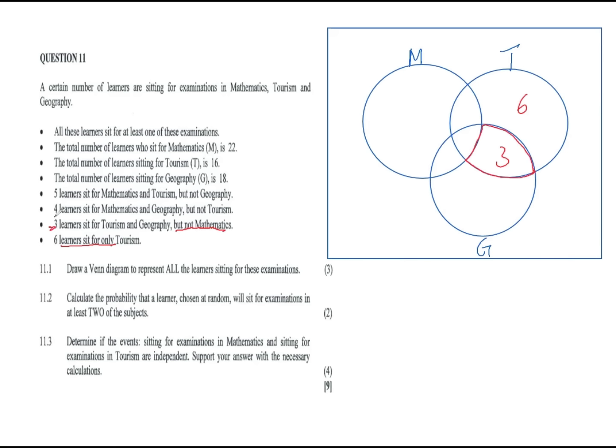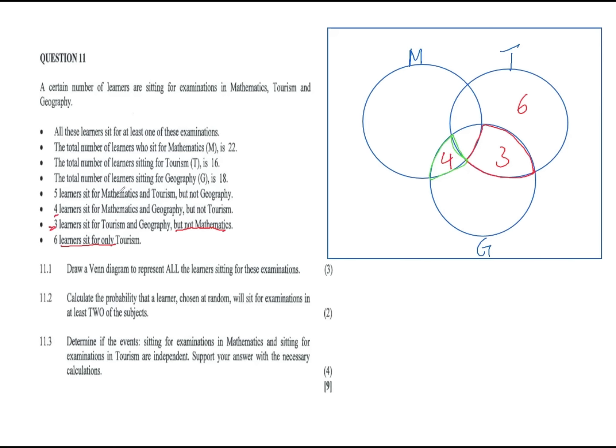And then we have 4 learners sit for mathematics and geography, but not tourism. So mathematics and geography and not tourism would have to be represented by this. So that's mathematics and geography and not tourism, right? So that means it's how many learners? 4 of them. So we have 4 here.